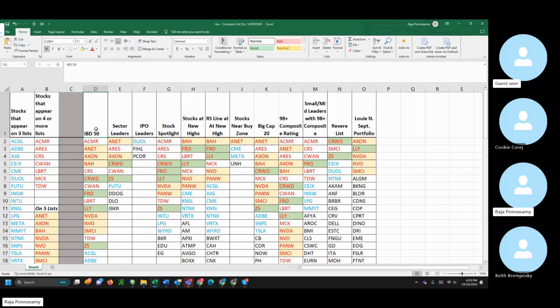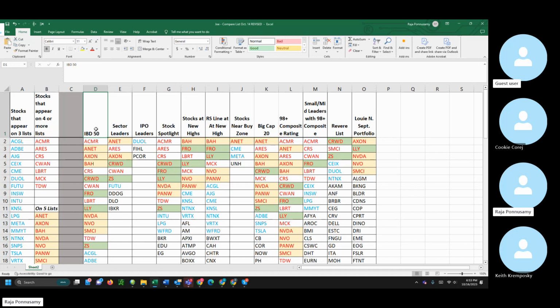Obviously, you can see that there's only 5 that match IBD's lists at all. The tickers that are in black are the remaining stocks on those lists that don't match anything.